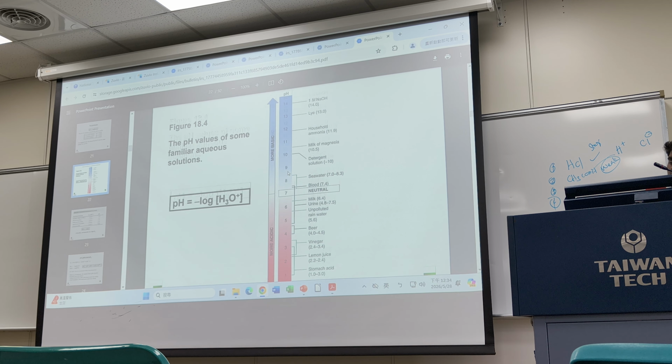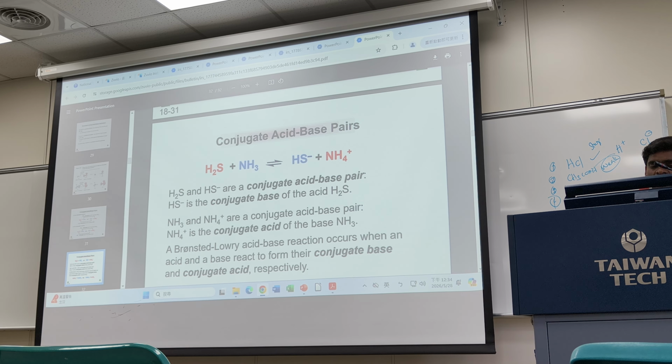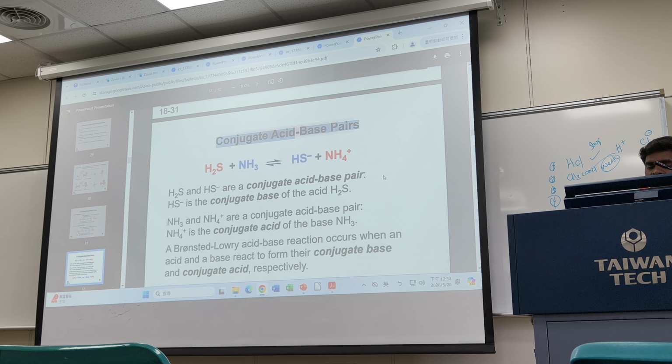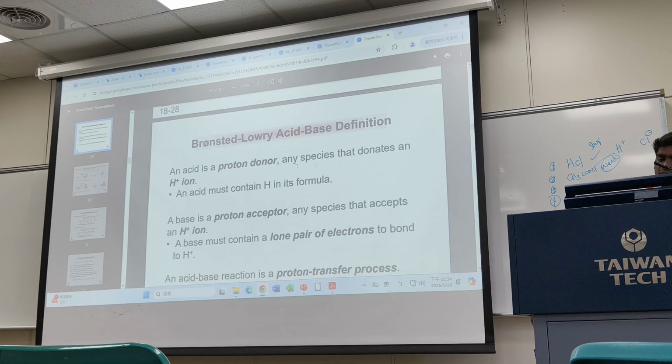After that, conjugate acid, conjugate base, and Brønsted-Lowry theory. Brønsted-Lowry theory you only need to know, so I cannot ask a question there. I will ask questions only for conjugate acid and conjugate base. I can give some examples.